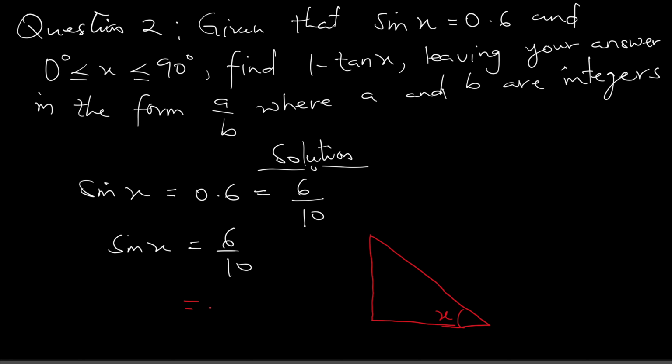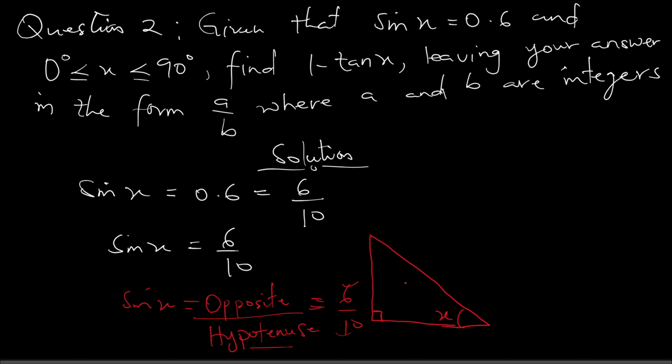We know that sine is equal to opposite over hypotenuse, and this is equal to 6 over 10. So our opposite is equal to 6 and our hypotenuse is equal to 10. So first we have our 90 degree. Our hypotenuse is this line, so this becomes our 10. And our opposite is this line, so this becomes our 6.